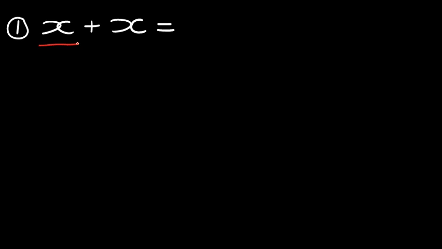This is what we call an algebraic expression. What is an algebraic expression? Well, it's an expression where the expression consists of at least one variable. This x is a variable because we don't know the value of this x. We don't know the value, and that's why we call it a variable.